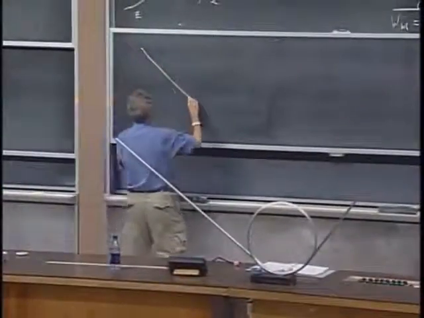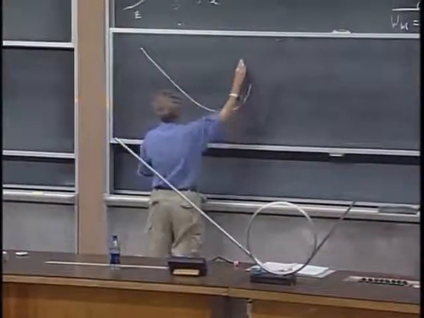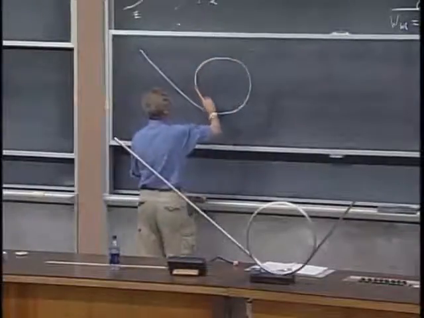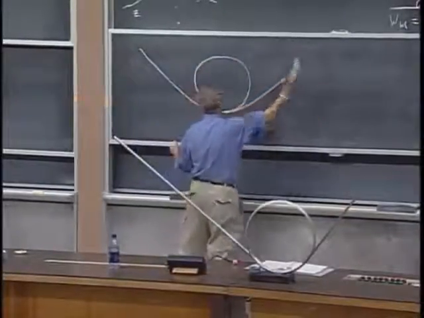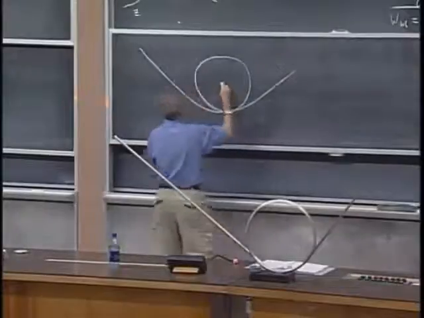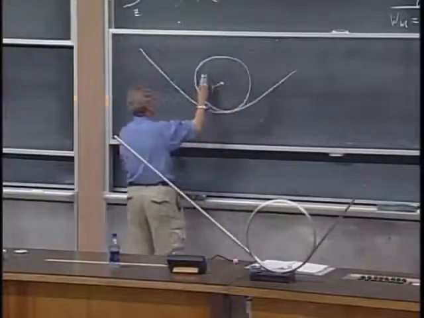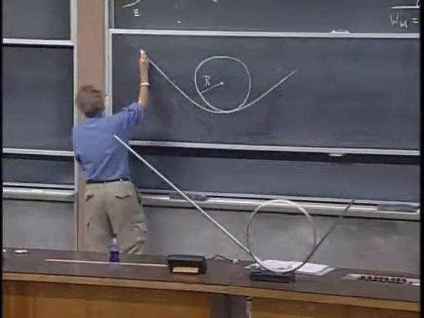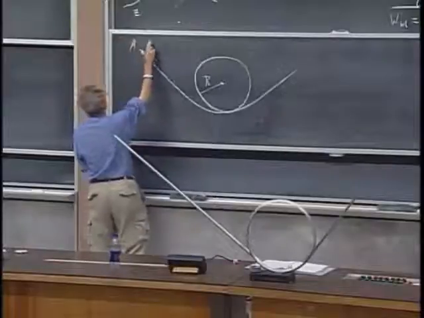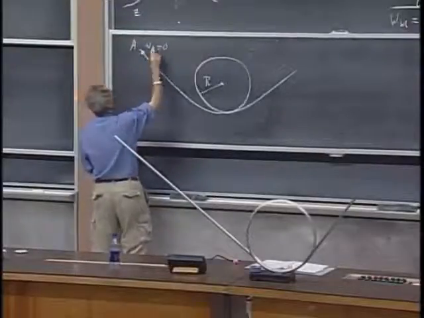Here is that roller coaster. This is a circle, and then it goes up again. So let the circle have a radius r. This point be A. I release it with zero speed.